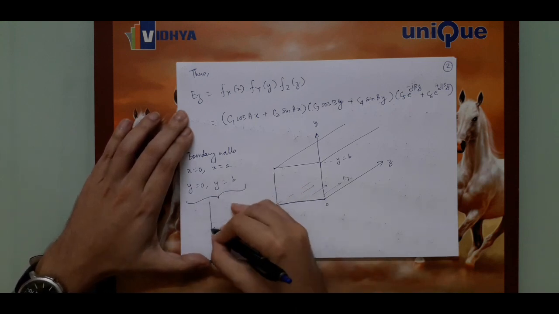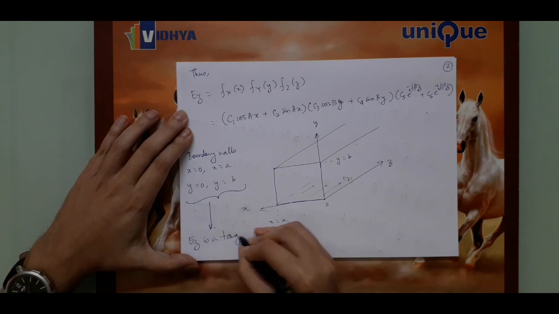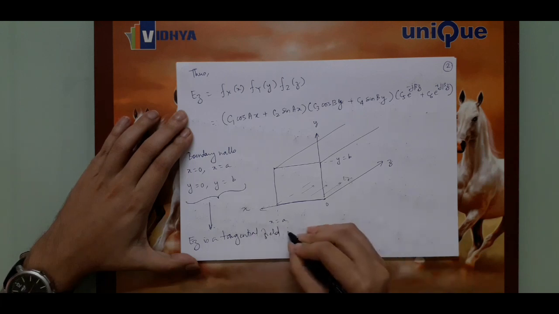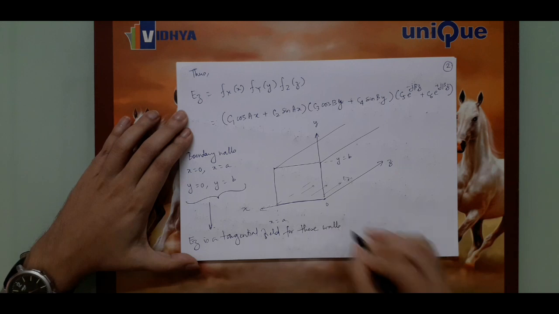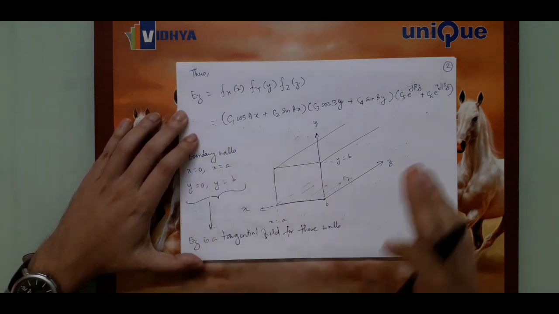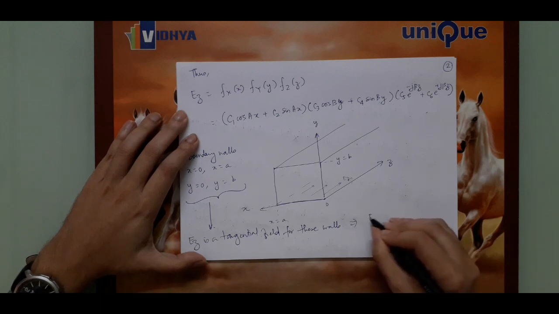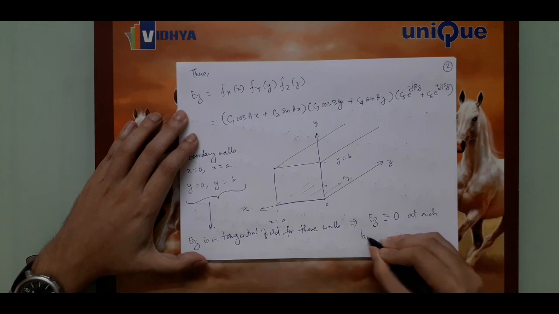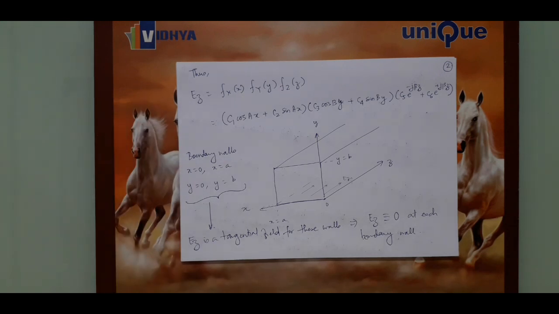So here I can say Ez is a tangential field for these walls. That means at each of these walls, the Ez component must die down to 0. So therefore, Ez must be identically 0 at each boundary wall. As simple as that.